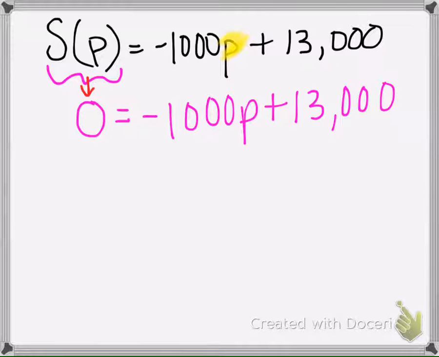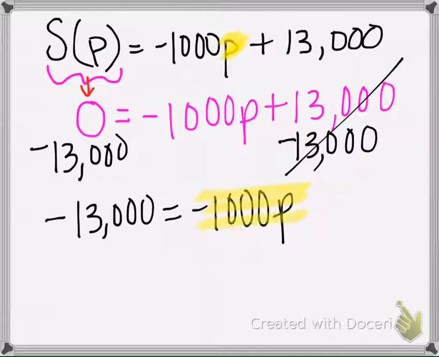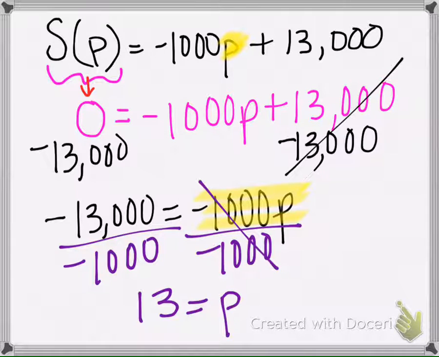So now go ahead and solve that equation. We're going to subtract 13,000 from both sides. And now that we have the variable term by itself, we're going to divide by the coefficient, which is negative 1,000. And we get that p is 13.